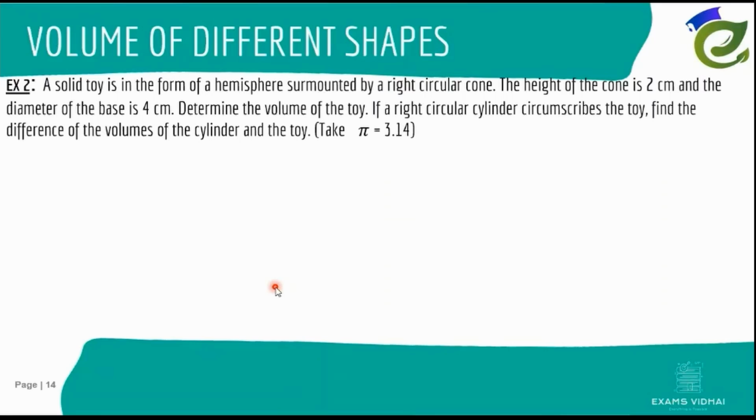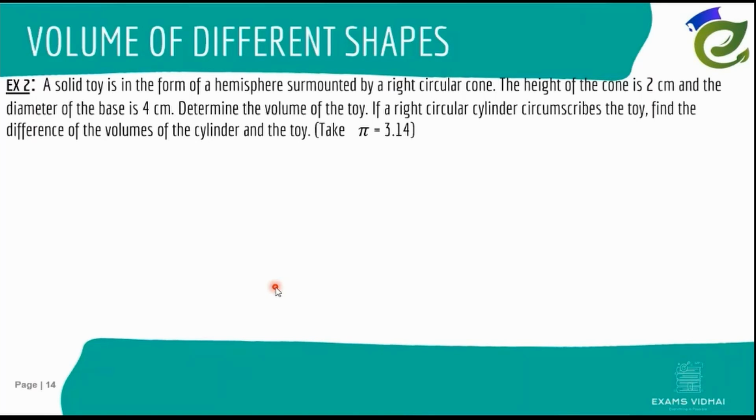Here a solid toy is in the form of a hemisphere surmounted by a right circular cone. The height of the cone is 2 centimeter and the diameter of the base is 4 centimeter. Determine the volume of the toy if a right circular cylinder circumscribes the toy.